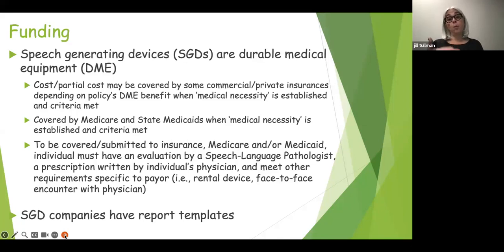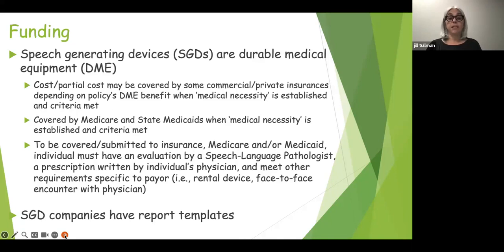And for this to happen, one, there needs to be a benefit and a durable medical equipment benefit, and then also medical necessity needs to be established. So, for example, the individual has autism and is minimally verbal, or the individual has autism and is unable to speak. So autism is the medical condition that provides the medical necessity for a communication device.